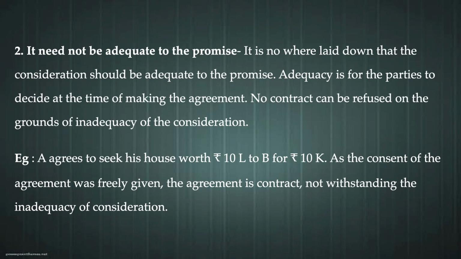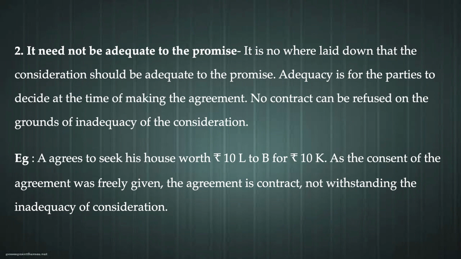So the consent to the agreement was freely given. There was no coercion or undue influence, etc. It was freely agreed by both parties to the contract, that is A as well as B. Therefore, the agreement is a contract in the eyes of law, notwithstanding the inadequacy of consideration.